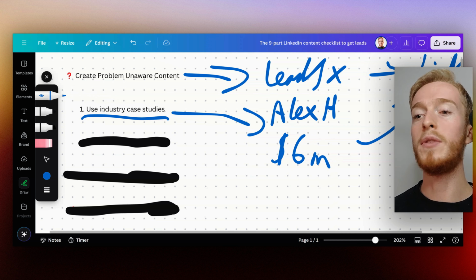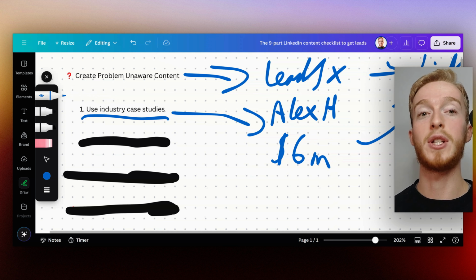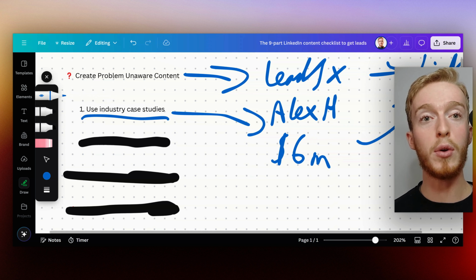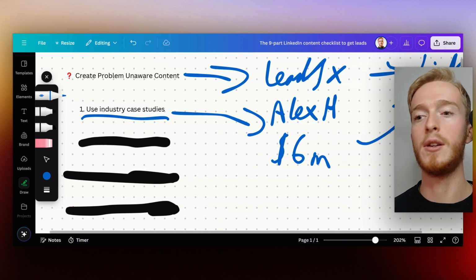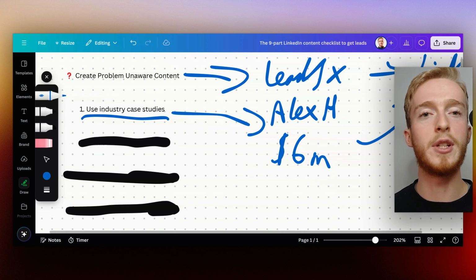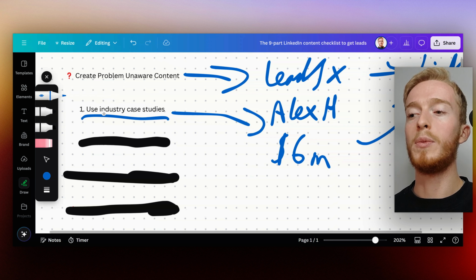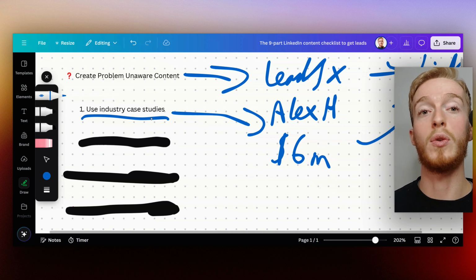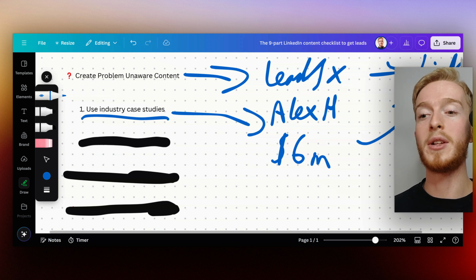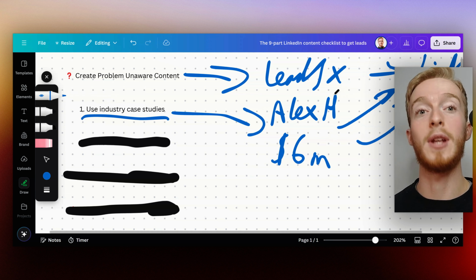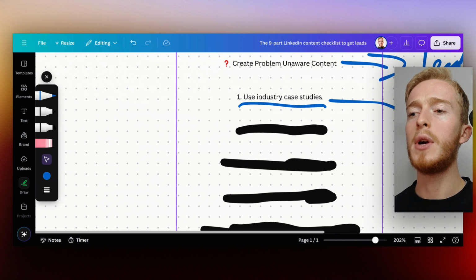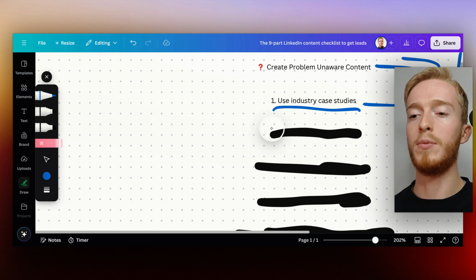Obviously, this isn't necessarily specific to LinkedIn. However, it's around content, and I preach the idea of being able to get leads and sign clients through content. So this type of content was almost an industry case study, because it's not my own result, but it's a result that supports the use of platforms like LinkedIn. So that's really good for problem unaware content.